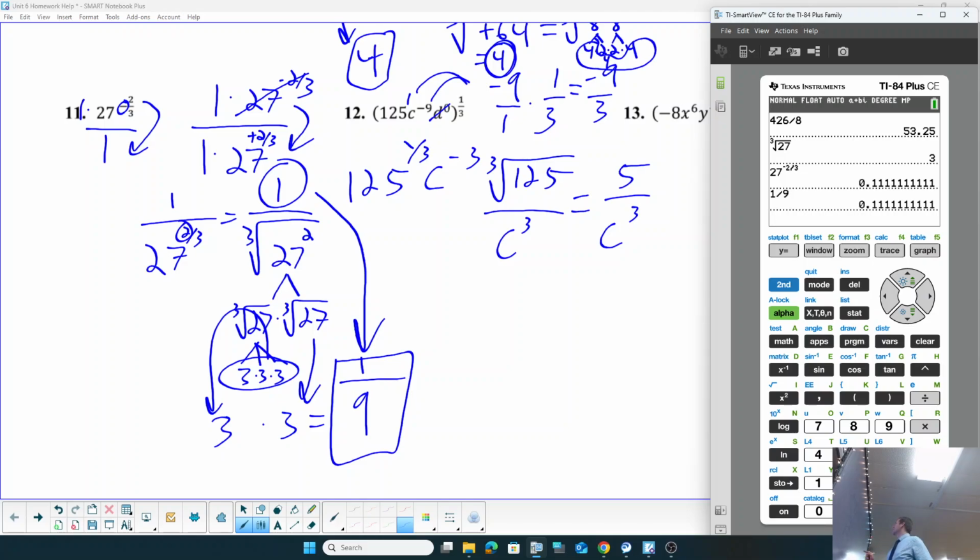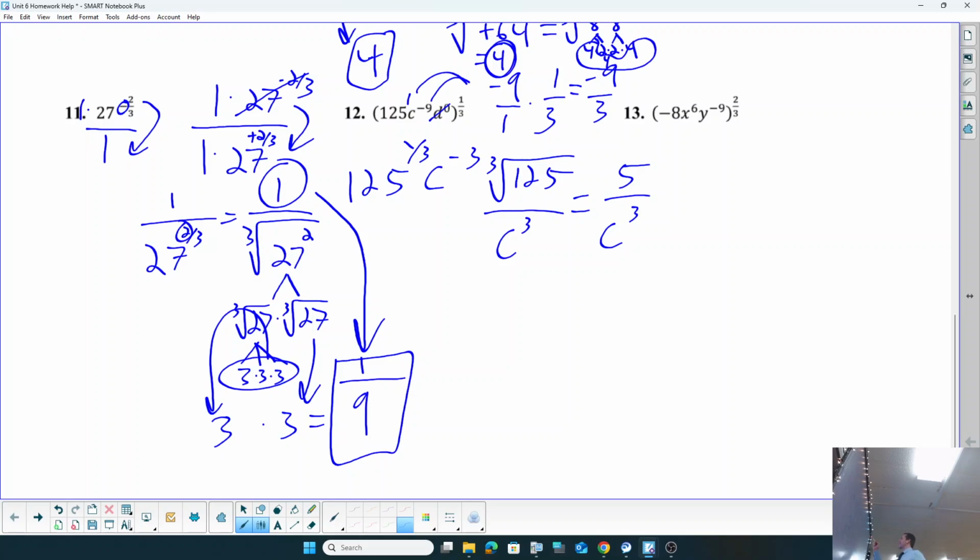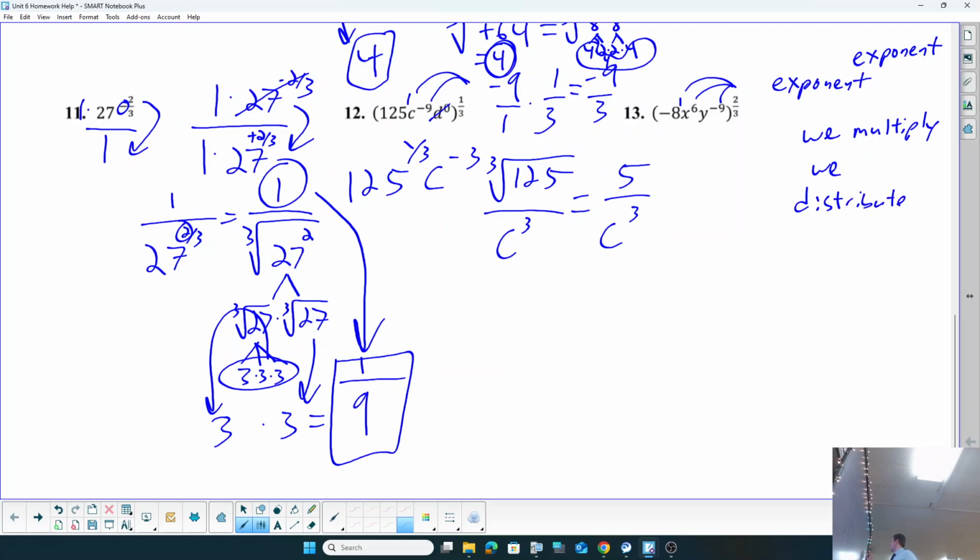Woo! That's it. So number 13, we have 2/3 again. Don't forget that's -8 to the first power. And so we're going to distribute, distribute, distribute. Whenever you have an exponent to an exponent, we multiply, we distribute the powers.